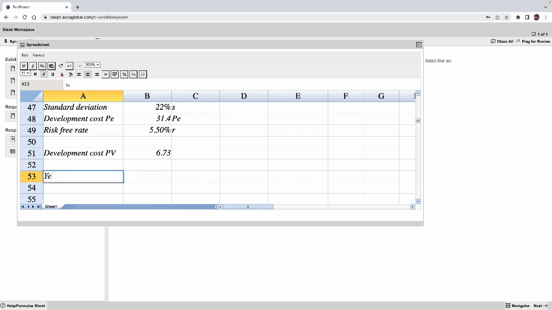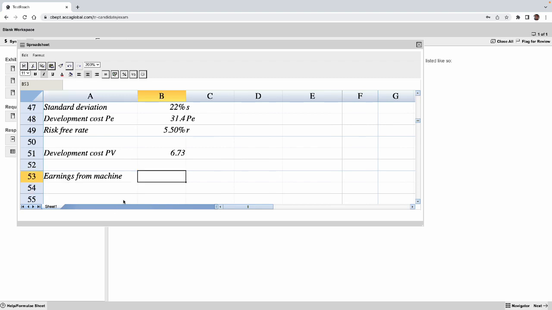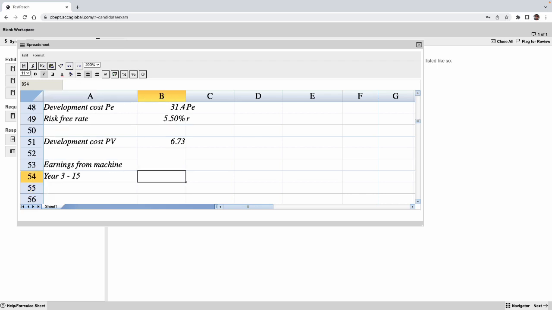Now the PA value, year 3 to how much? Does that make sense?